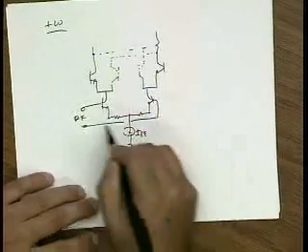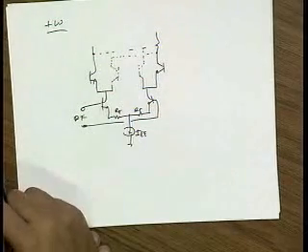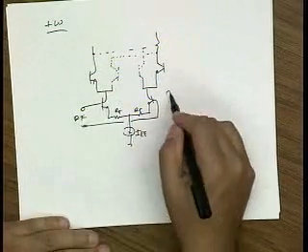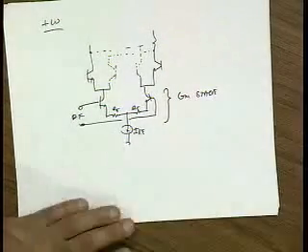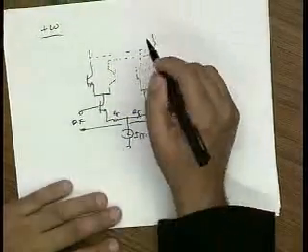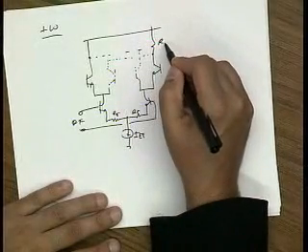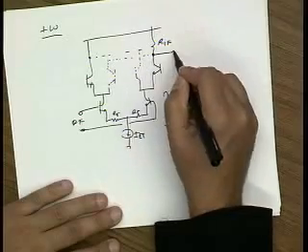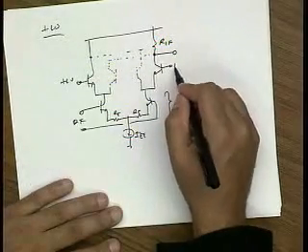Now notice this first diff pair, I've put emitter degeneration on there to linearize it. This first pair is just a GM stage, just like before. It's a differential GM stage. So this is the IF port here. This is the output. And this is the plus LO, and this is the plus LO.